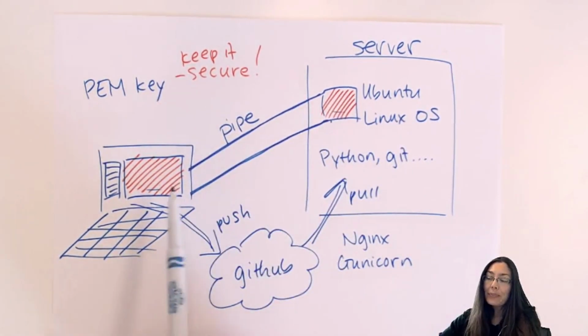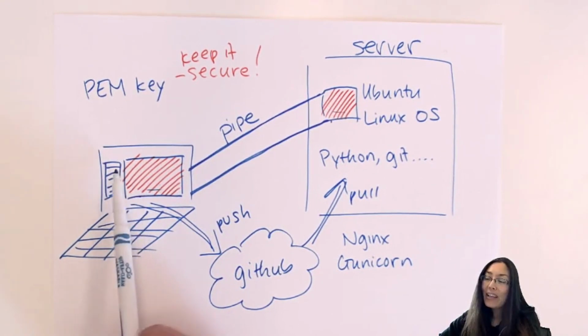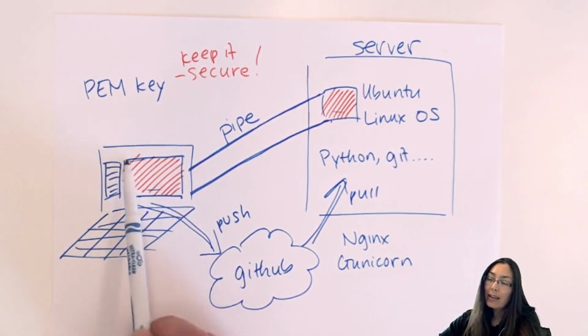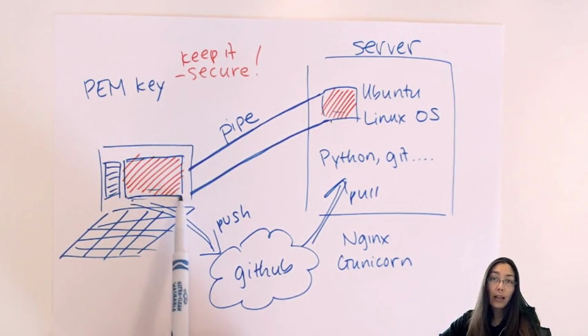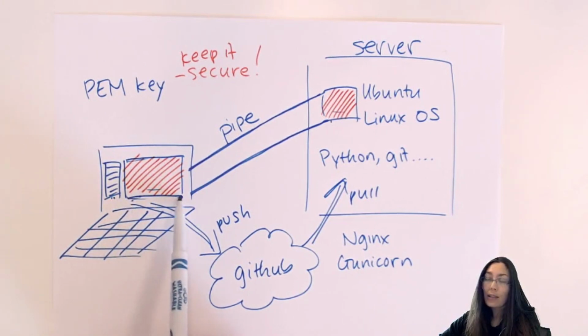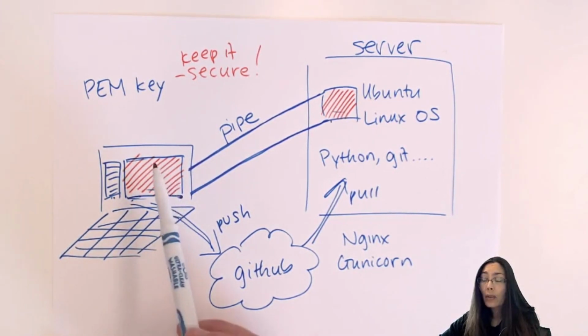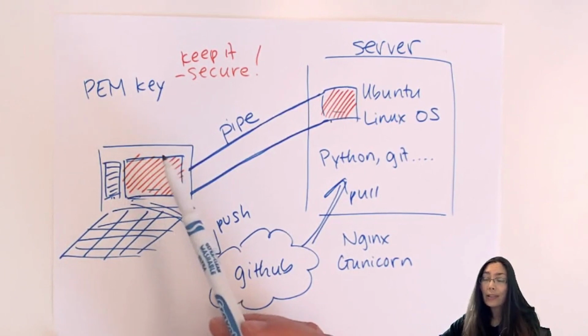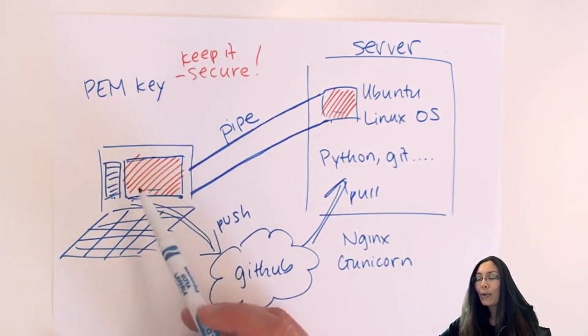So things to remember, ain't your computer, okay? When you SSH in, then you're not going to have everything that you have on your laptop. You're not going to have the code, even though it's sitting right there next to it. It's not your computer, so you don't have that stuff. You also don't have things like your favorite text editor, unless your favorite text editor is Vim or Nano.